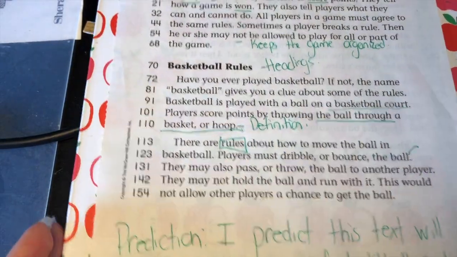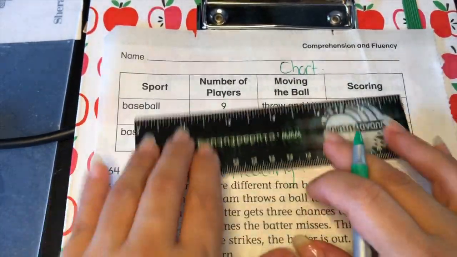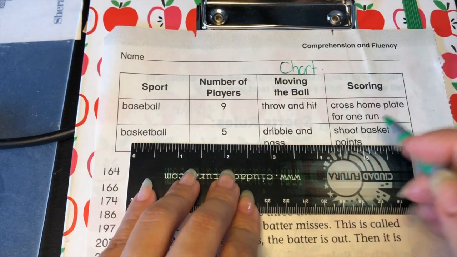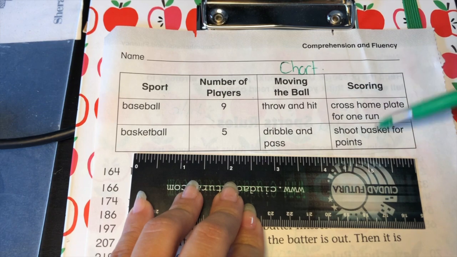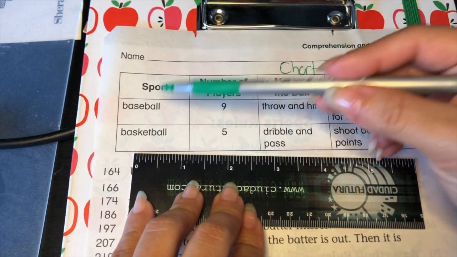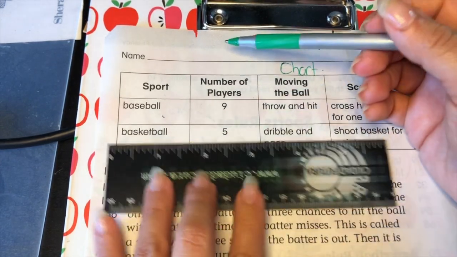All right. So, now I'm going to the back. Let's look at the chart. Sport. Now, in this chart, I predict they're going to compare information and give us information about baseball and basketball. But we haven't read baseball yet.